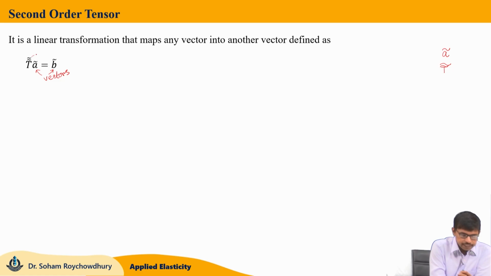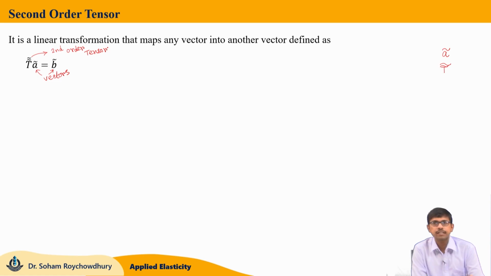So, this T is a second order tensor. The definition is that this linear transformation T acting over a vector A results in another vector B. You should understand that T is a kind of operator, but it is a linear operator.